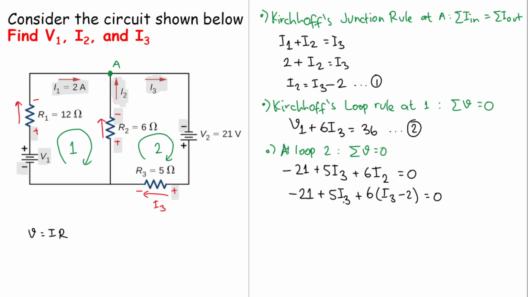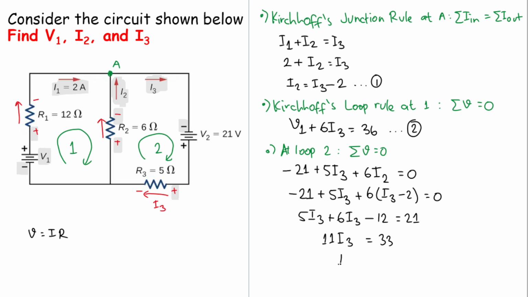Now we will have, okay, let's move this 21 to the right hand side. So we will have 5I3 plus 6I3 minus 12. And then this will equal to 21. So we will have 11 I3, and that will equal to 33.